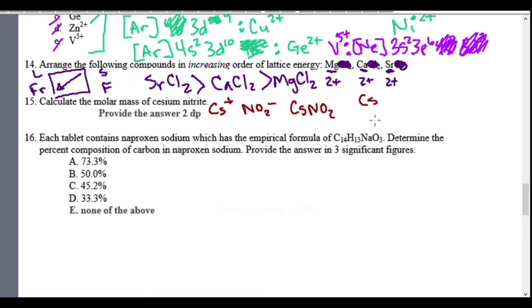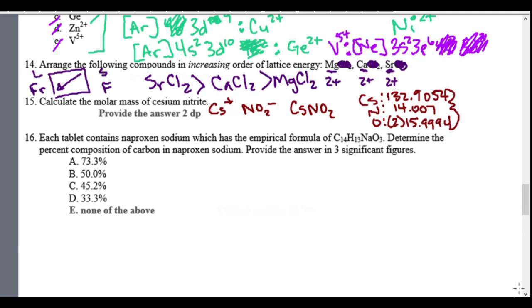So Cs, N, and O. And remember, we have 2 oxygens, so 15.9994. Nitrogen is 14.007. And cesium is the big guy in this, 132.9054. All of these are in grams per mole.